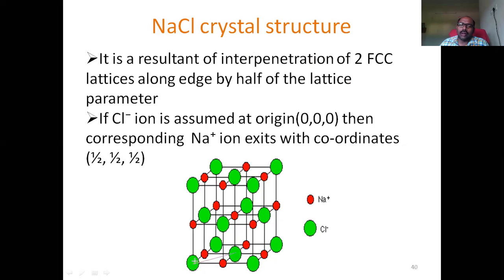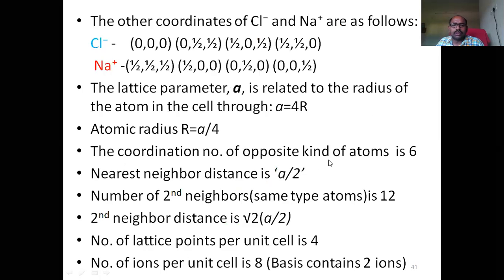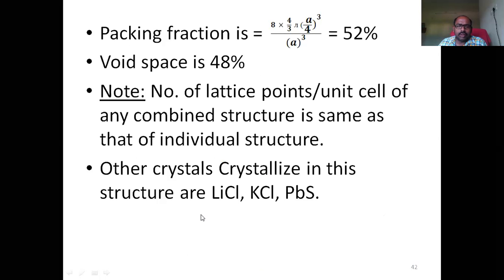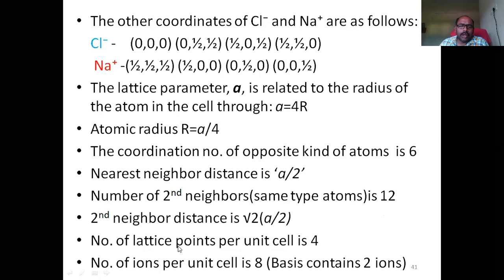For a particular lattice point located at the corner, there are 12 such nearest face center points. So the second nearest neighbor distance is root 2 times a by 2.